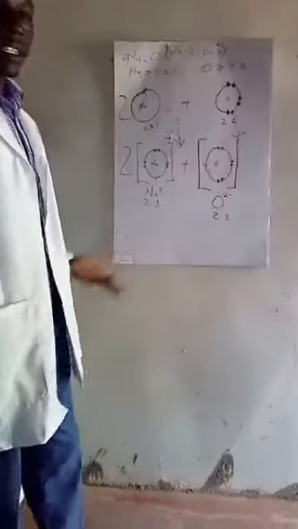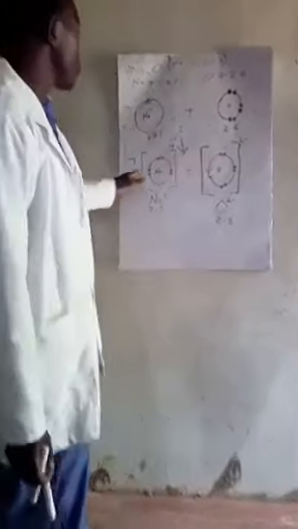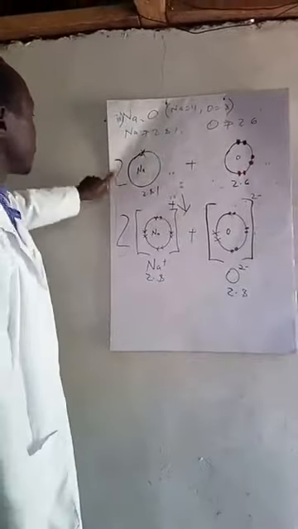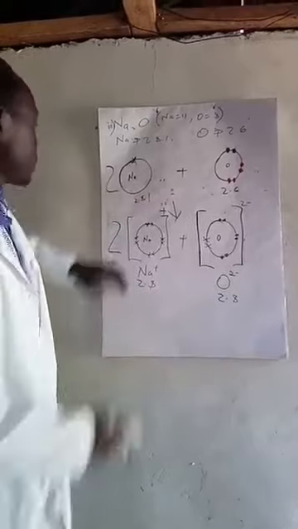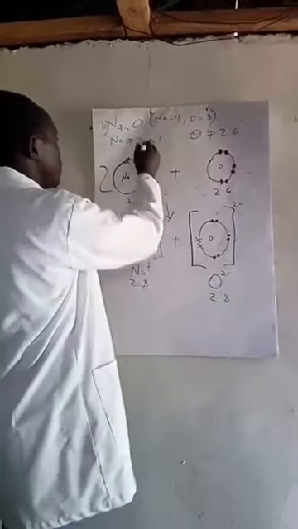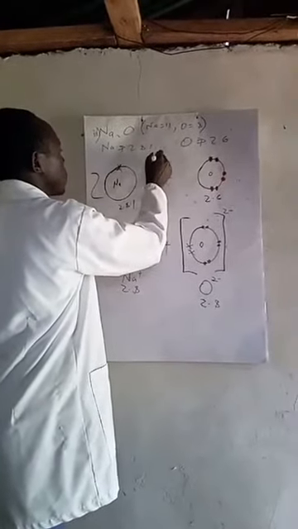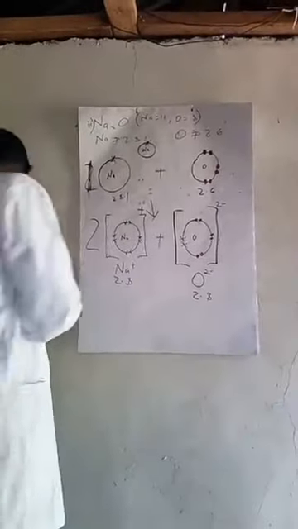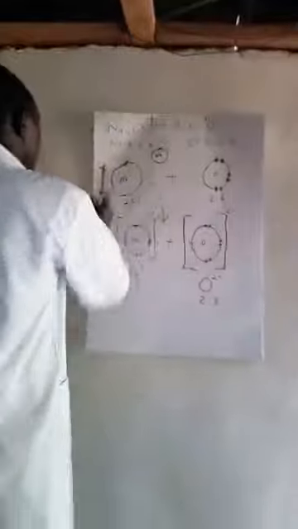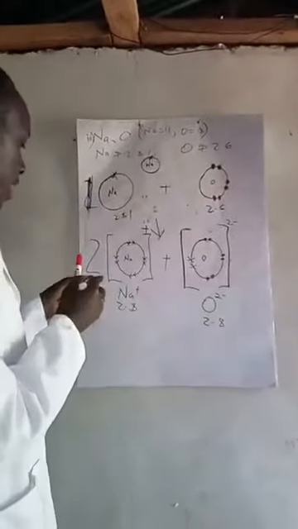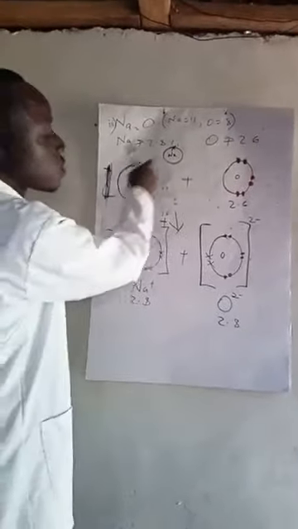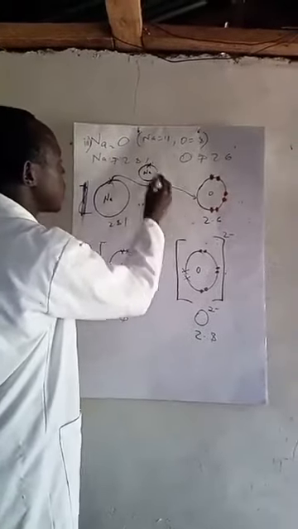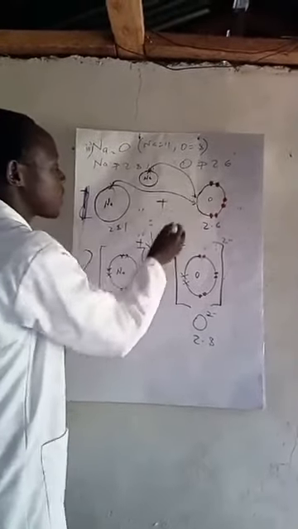Instead of writing 2, some people prefer to draw 2 sodiums. That is still okay. So instead of writing 2 here, you draw 1 sodium and another one here. We are saying that you require 2 sodiums, so that when 1 electron comes here, the other electron comes there.